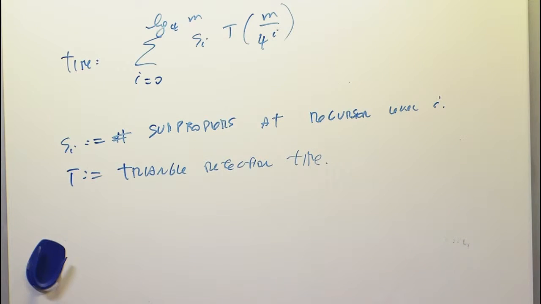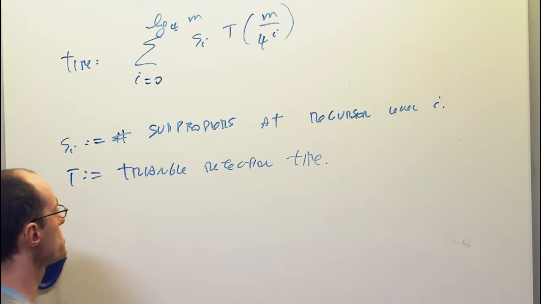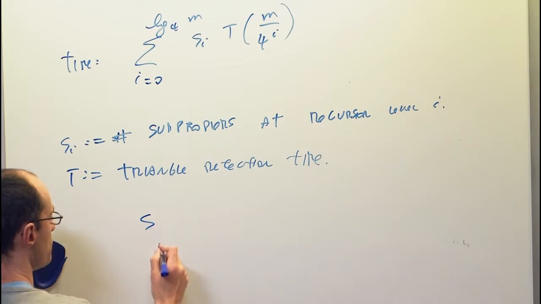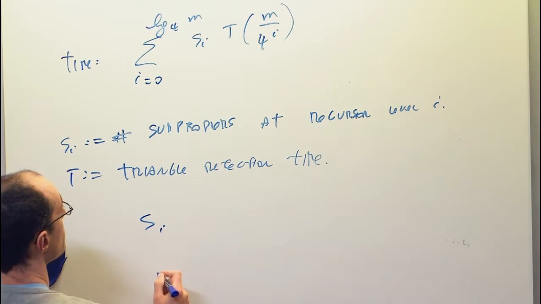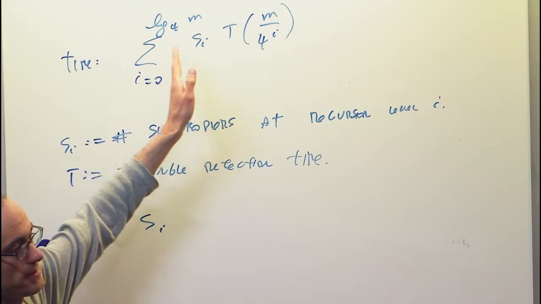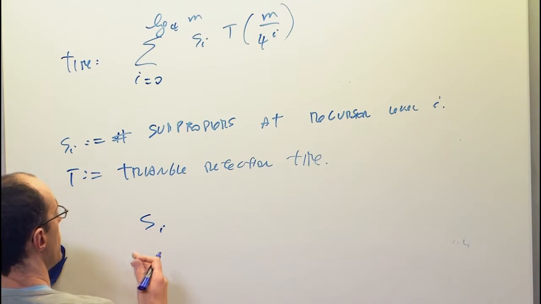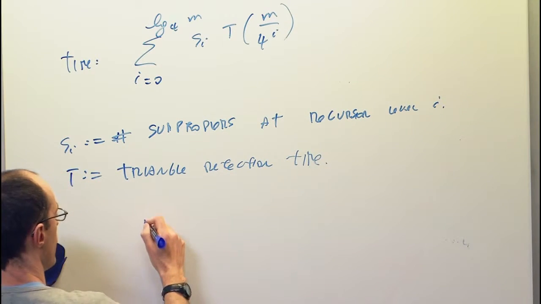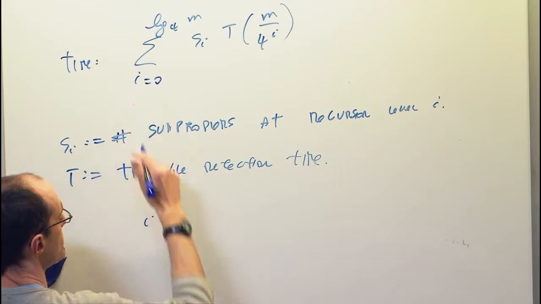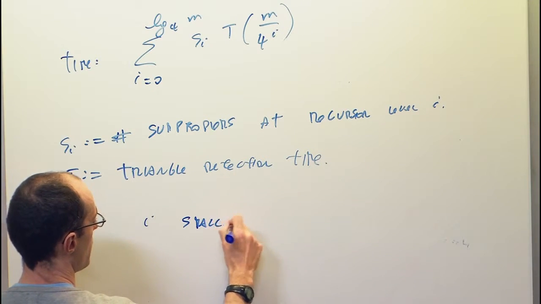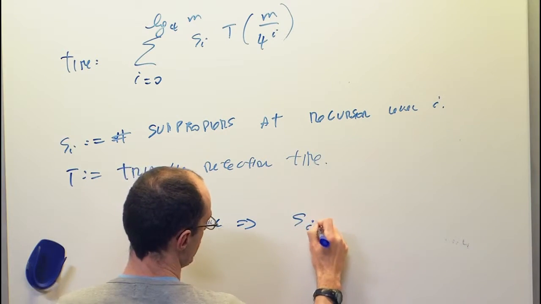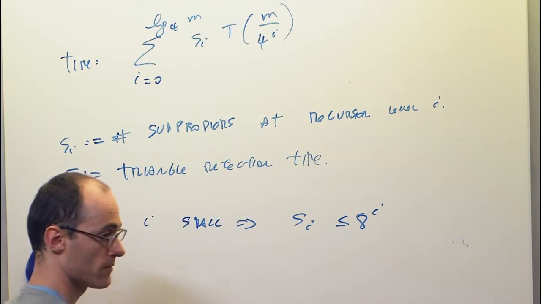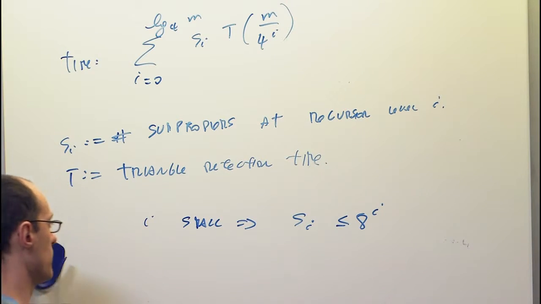And then what you use about S_i is the following. The idea here is to split the sum in 2. When the index i is small, you just use the fact that S_i is at most 8 to the i, because every time you have 8 subproblems.